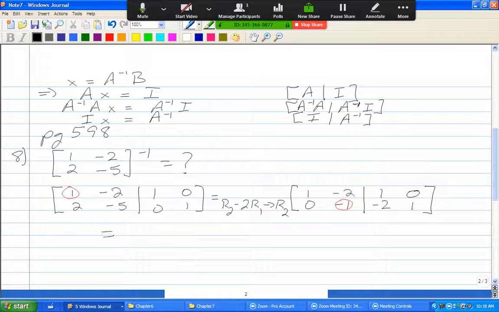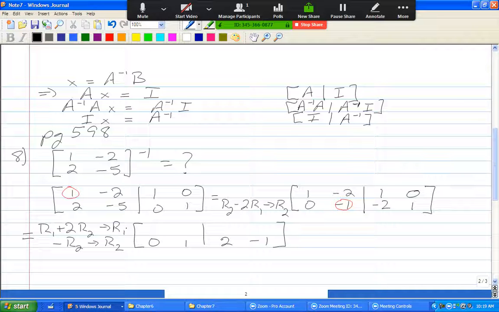So the first thing I'm going to do is I'll multiply this row by negative 1 to get a new row 2. And then let me multiply this new second row by 2 and add it to the first row to get a new first row. So 1 plus 2 times 0, 1.